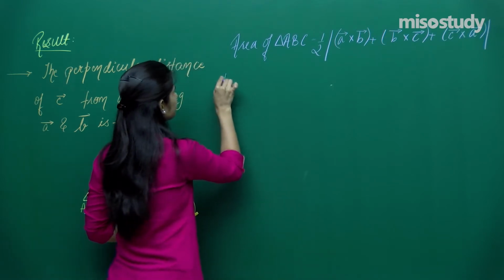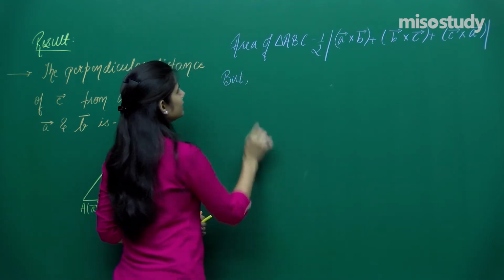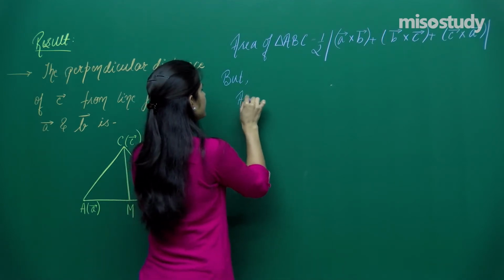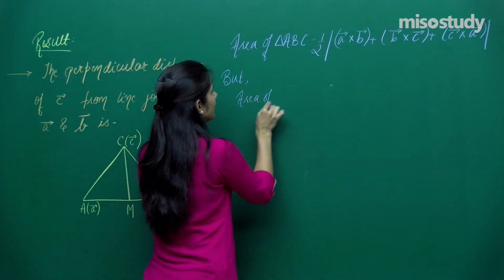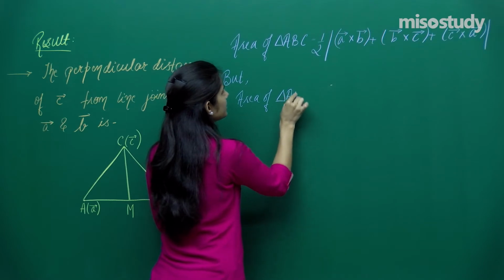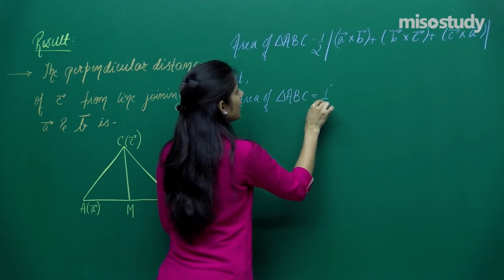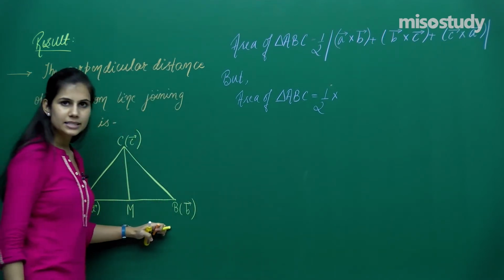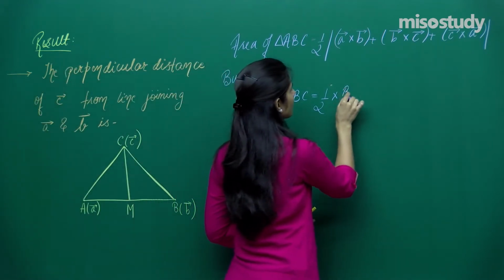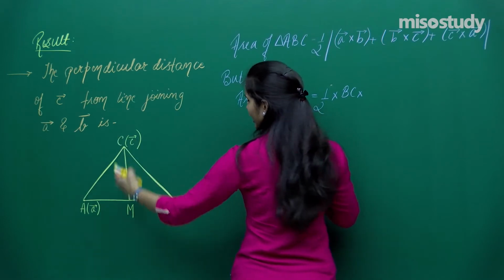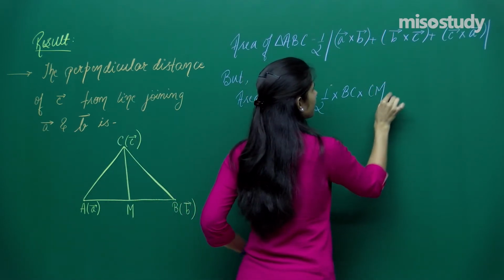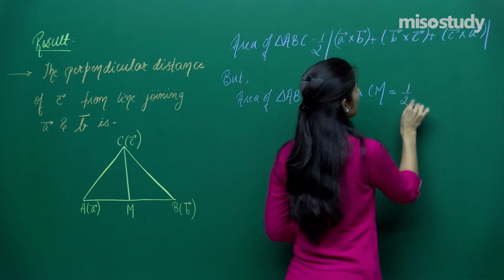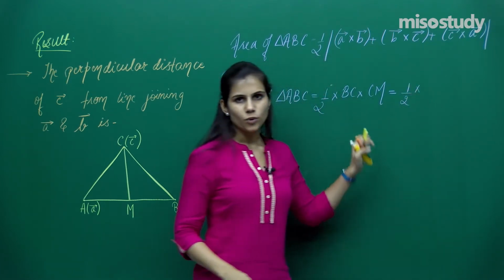But if I go by the conventional format of finding the area, that is area of the same triangle ABC is half into base is BC, into height is CM, or rather what I can write this as, BC is what?